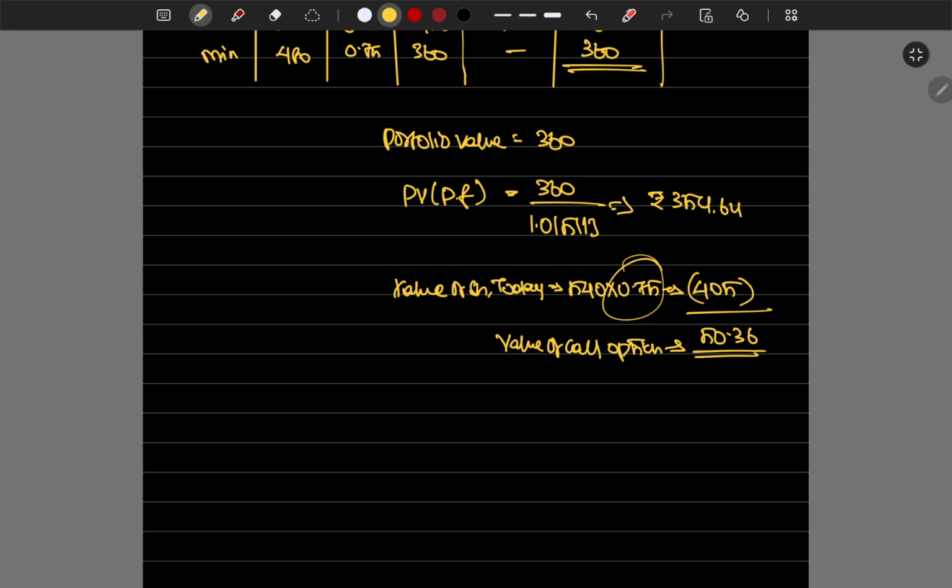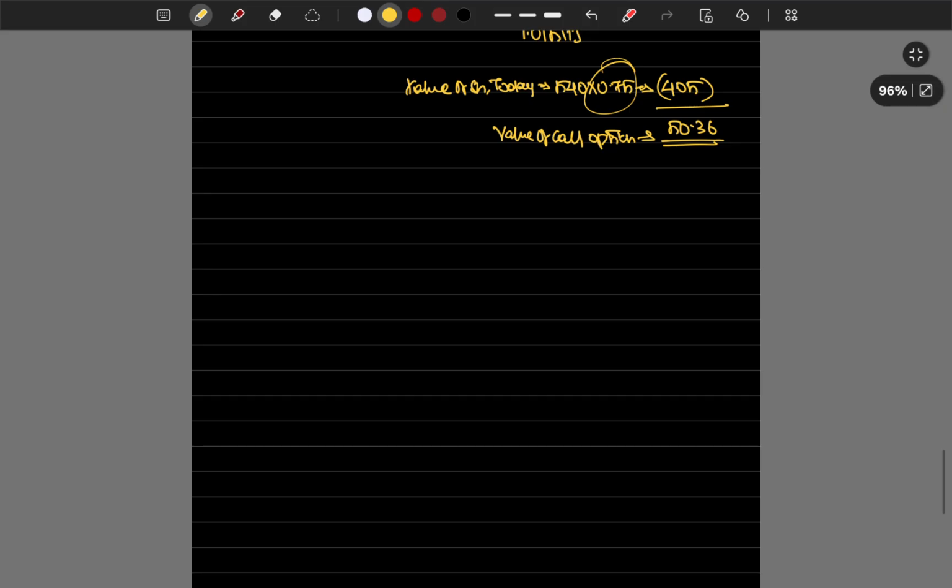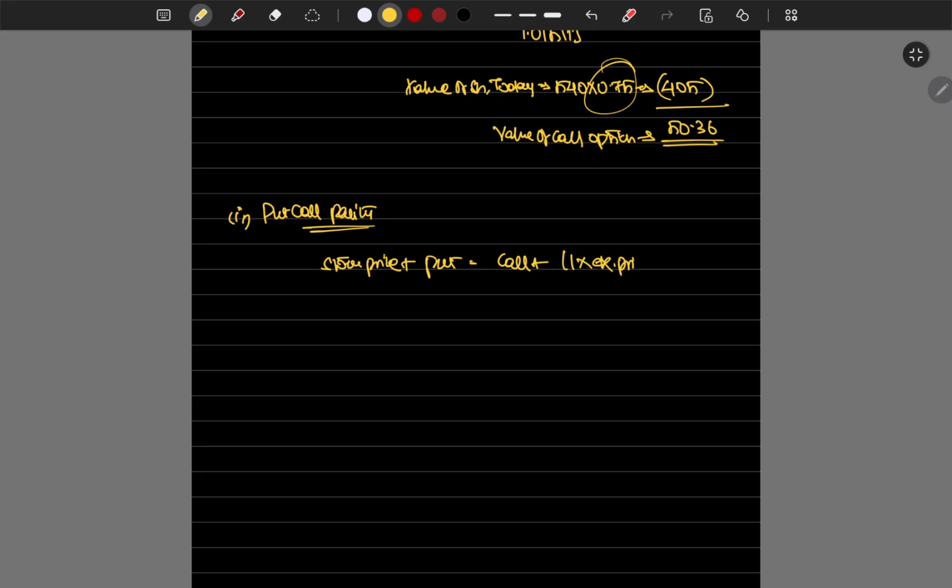This is how we have to find out using delta method. Now we have found the value of call option. Now using this we can substitute with the put option, put call parity formula. Formula is stock price plus put is equal to call plus PV of exercise price. What's the stock price today?